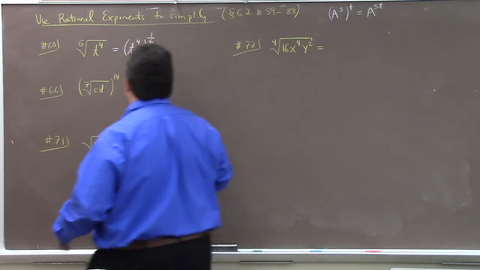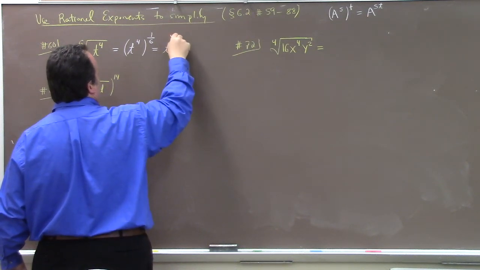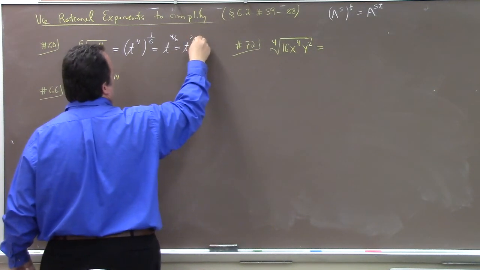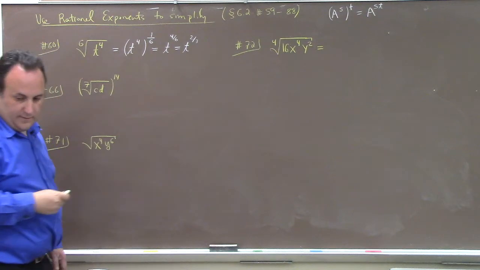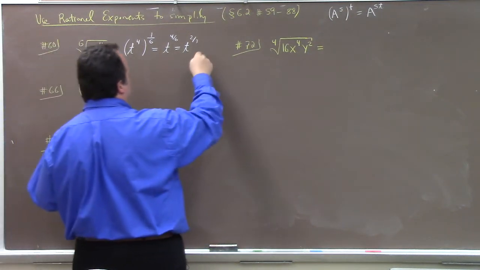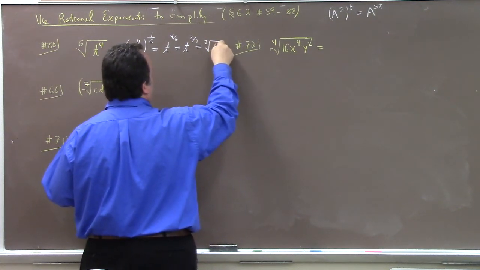So I can multiply the 4 times 1/6, and that gives me t to the 4/6, which is t to the 2/3, right? The game they want us to play here is to rewrite it using a radical at the end. If I just said simplify and leave the answer in exponent notation, we'd be done. But they want us to leave the answer using radical notation. So using radical notation, this is the cube root of t squared.